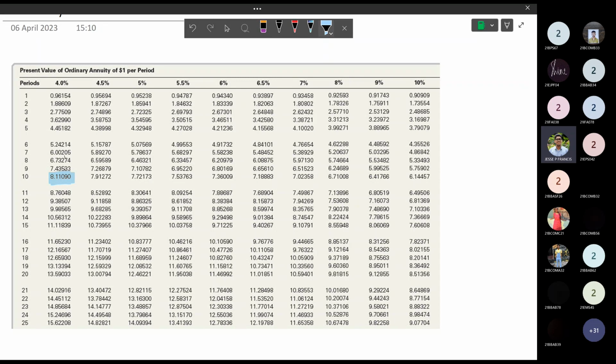So I'm going to start the poll. You can choose your option in the quiz. Given the year and the discount, can you find the annuity factor?